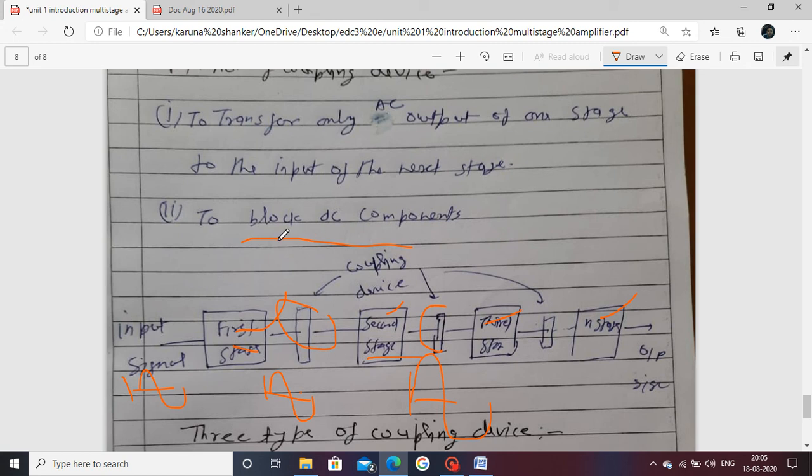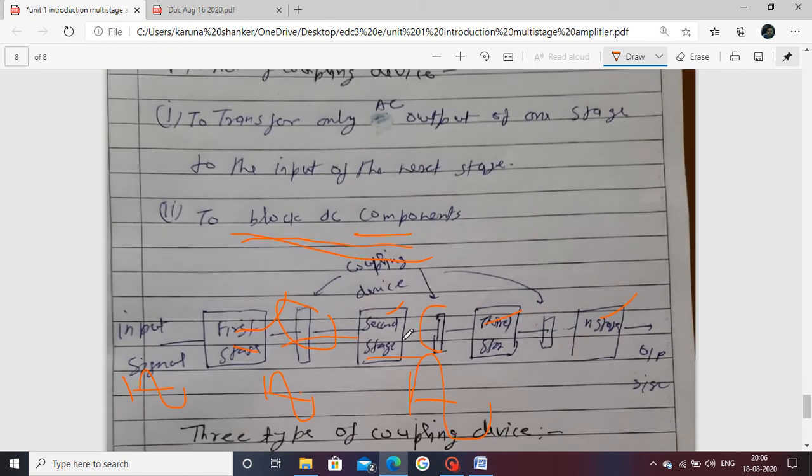Blocking of DC component means no DC component moves from one stage to the second stage. DC is not desirable for amplification. Only AC is useful for amplification. Overall, you amplify the AC signal. That's why we block the DC component.